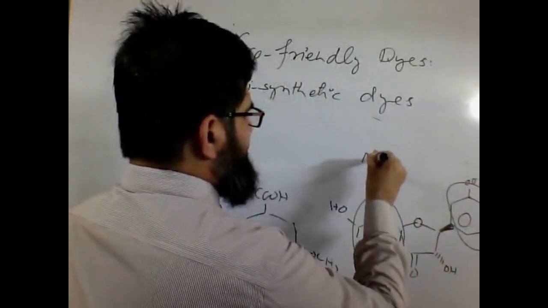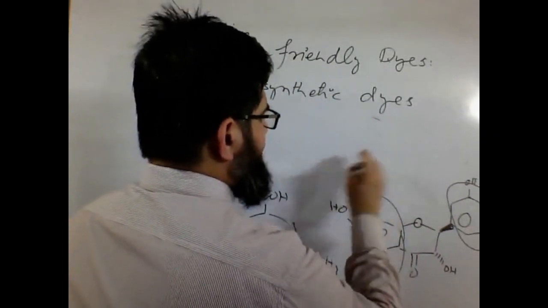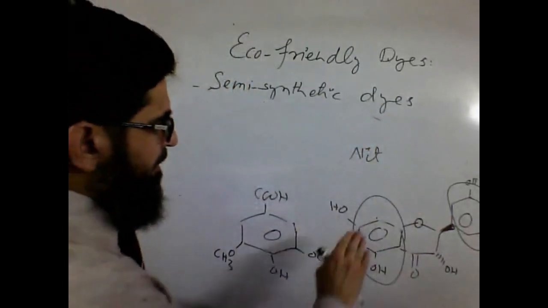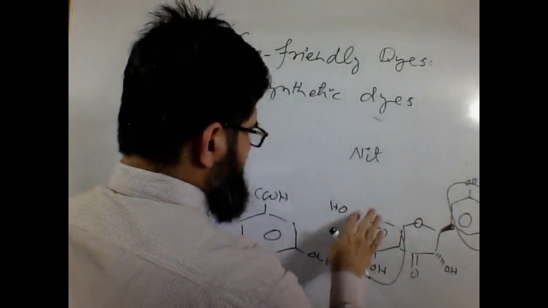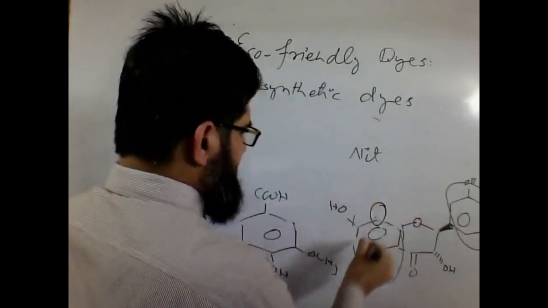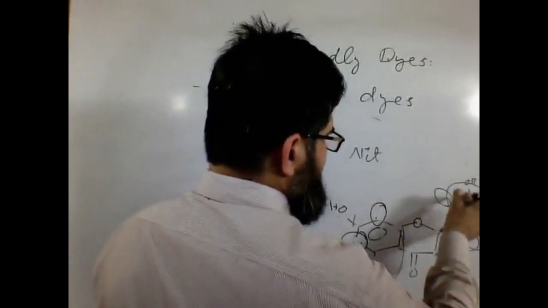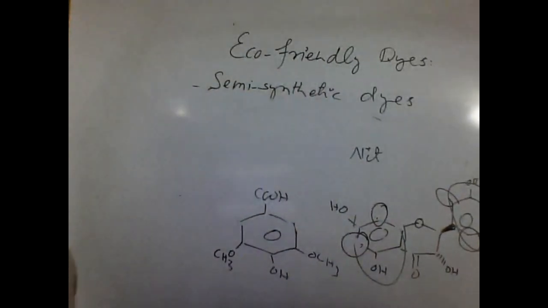When we perform nitration, we don't have an idea. The nitration can be on this carbon, on this carbon, on this carbon, on this carbon. So many carbons are available.